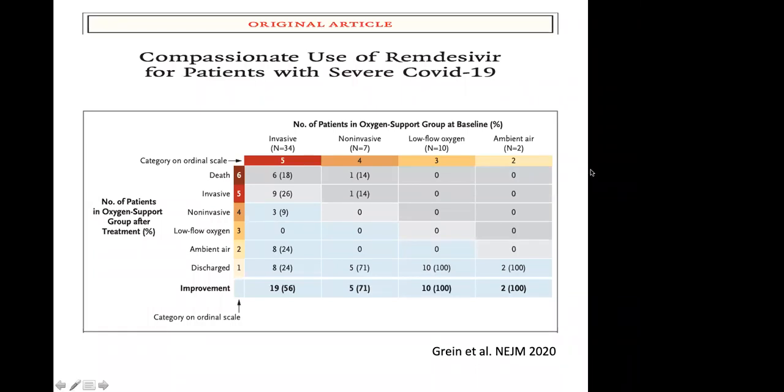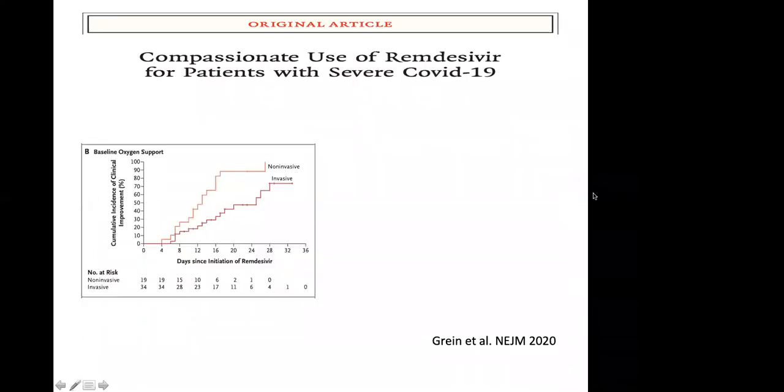We all know that patients that require pressure support tend to do worse in general. Because of an interaction between remdesivir and norepinephrine, that was an exclusion criterion. So essentially, this is a clean cohort that is only on a ventilator, but not requiring pressure support.